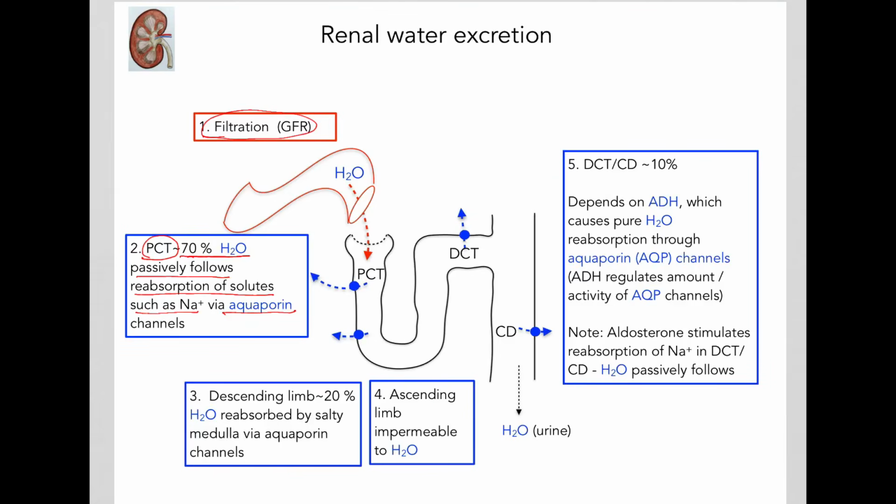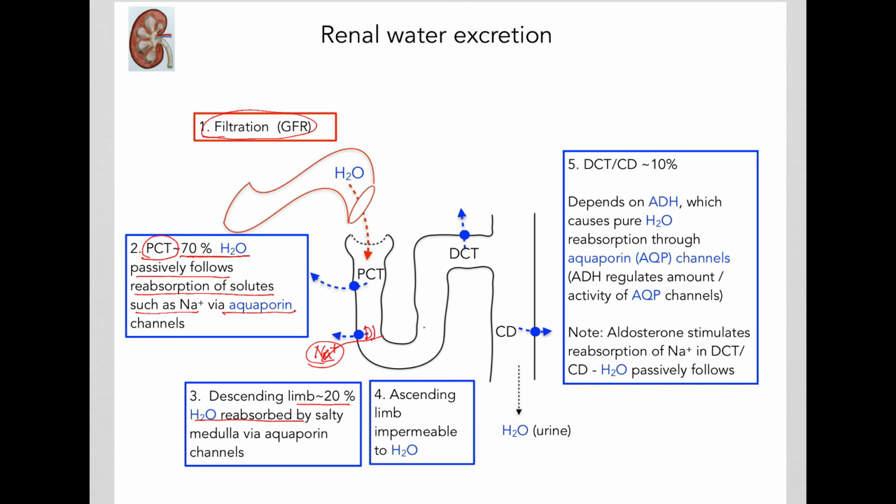In the descending limb of the loop of Henle, about 20% of water will be reabsorbed because there's a high concentration of sodium, especially in the medullary part of the kidneys. High concentration of sodium will allow this water to be reabsorbed out of the tubules.